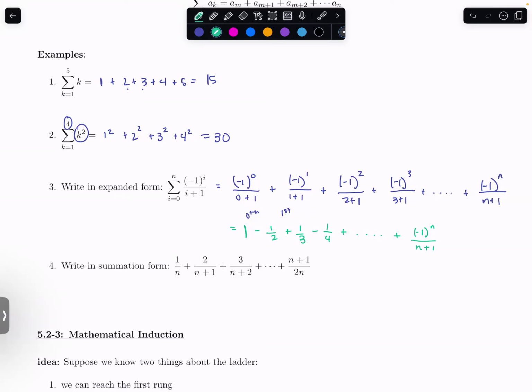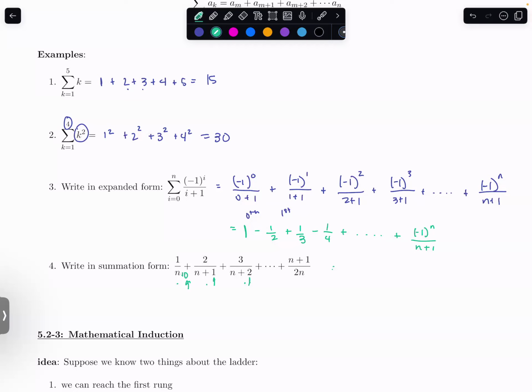The summation form for this one, we're going to write what it is. So you have 1 over n plus 2 over n plus 1 plus 3 over n plus 2. So it does appear that we maybe are counting up here. But looking at this, it's going to be easier for me to call this the 0th, the 1st, the 2nd entry.